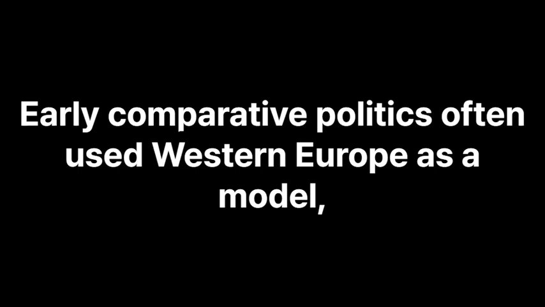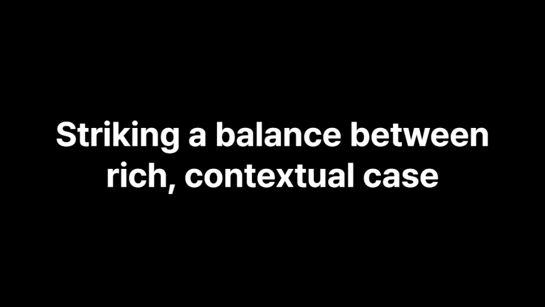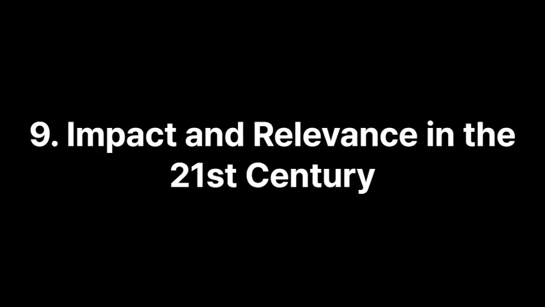Early comparative politics often used Western Europe as a model, limiting the applicability of its theories to other regions. 8.3. Context sensitivity and theory building: striking a balance between rich contextual case knowledge and generalizable theory remains a persistent tension.